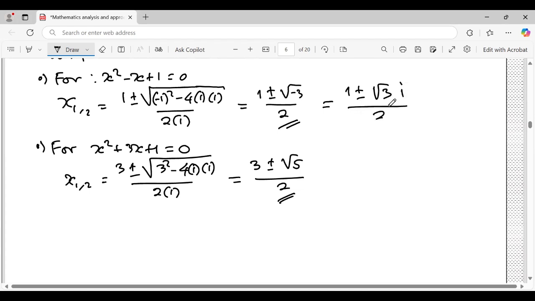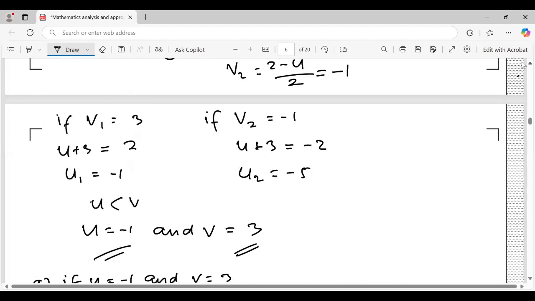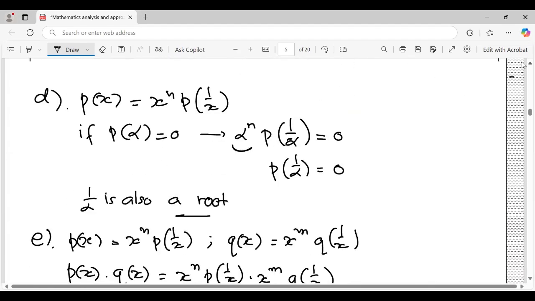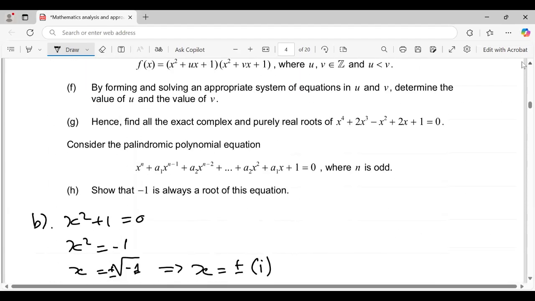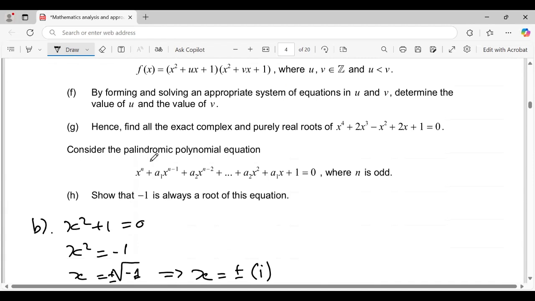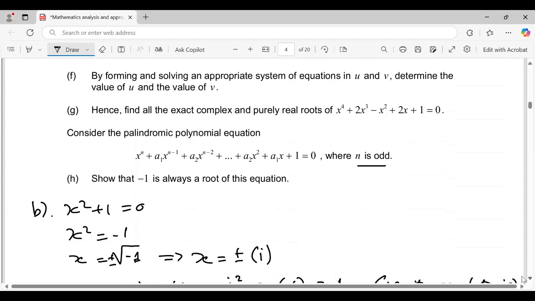Yeah, that's one. Next question. Consider the polynomial equation when n is odd. Show that minus 1 is always a root of this equation.